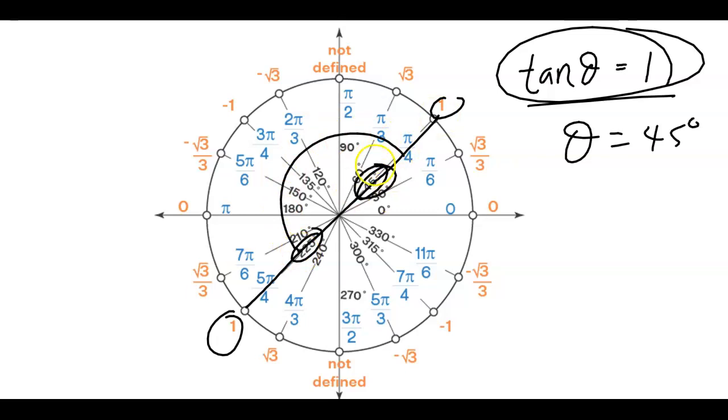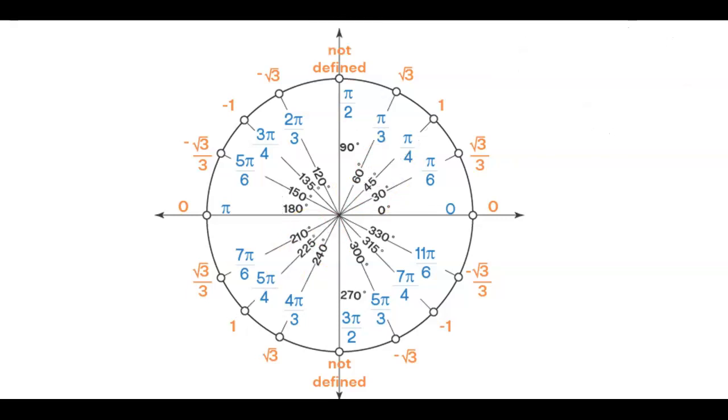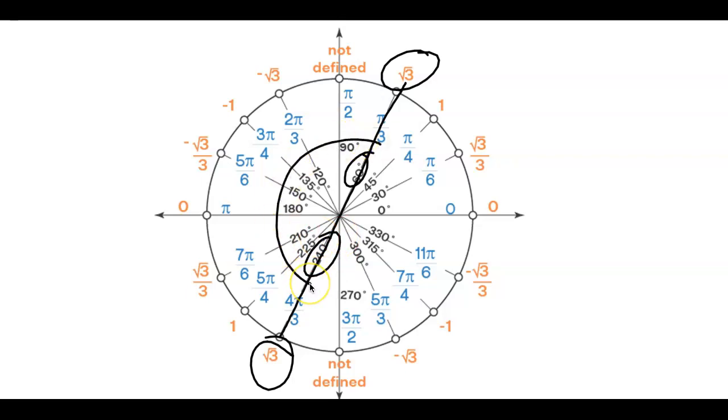So if you take 45 and you add 180 to it, you get 225. So pick another tangent value like this one, for instance. That's at 60 degrees. If you go diagonal to it, that's where the other radical 3 is. And so the angle that also gives the same answer of radical 3 is 240. And once again, they're 180 degrees apart.